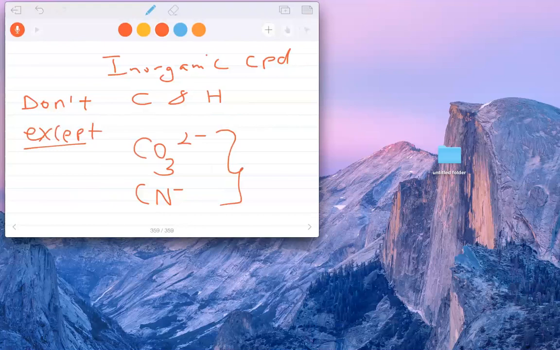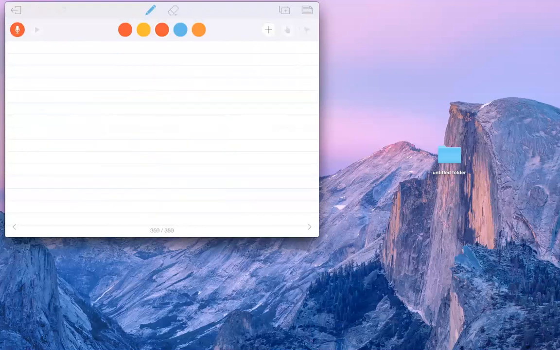The flowchart for inorganic compounds: you have to be able to break down the inorganic compounds into these classes.